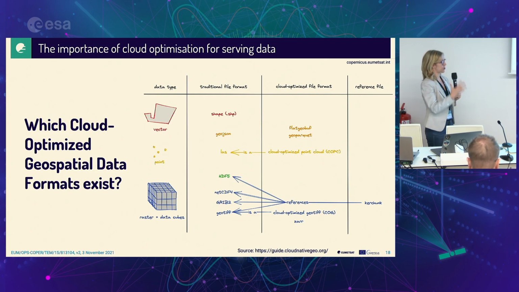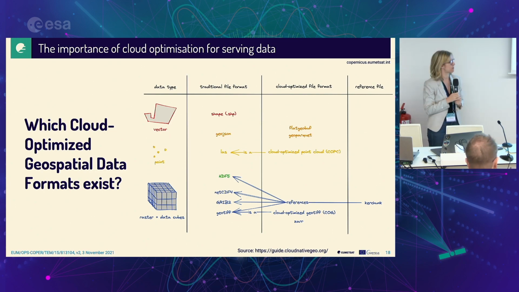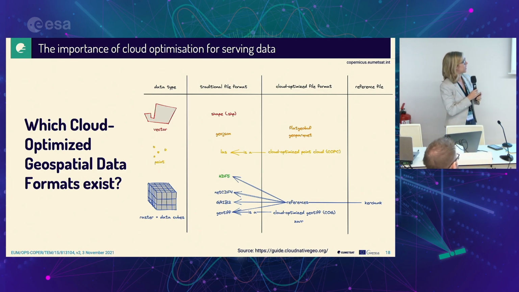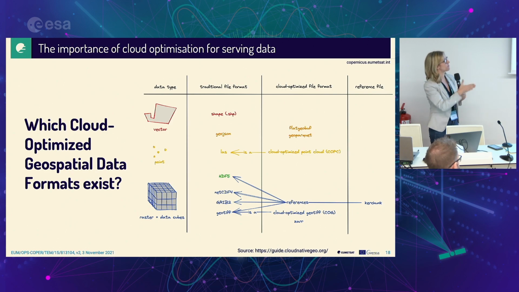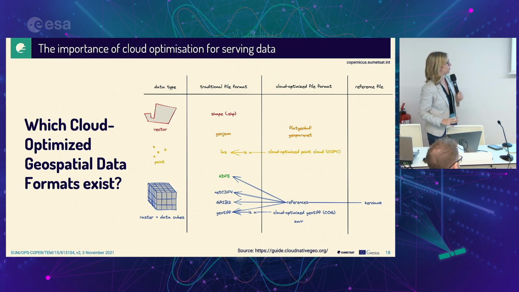So the traditional data formats are HDF5, NetCDF, GRIB2, GeoTIFF, and basically now the most common ones, which you also all share today, are cloud optimized GeoTIFFs, but Zarr is also picking up quite a bit. These are the two most common formats used at the moment for Earth observation data.